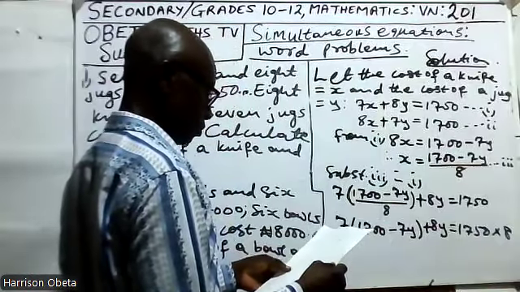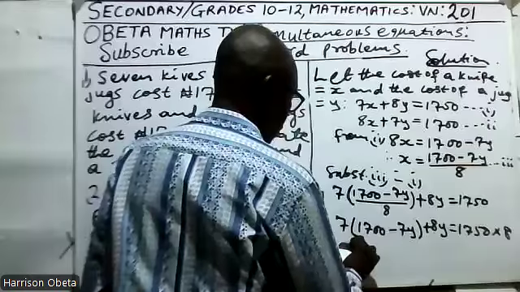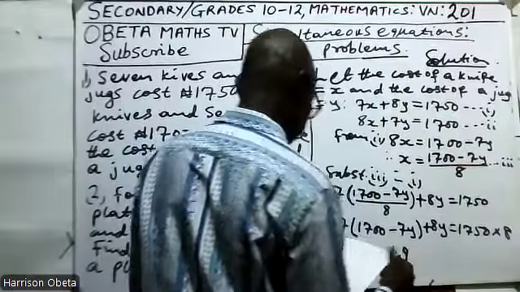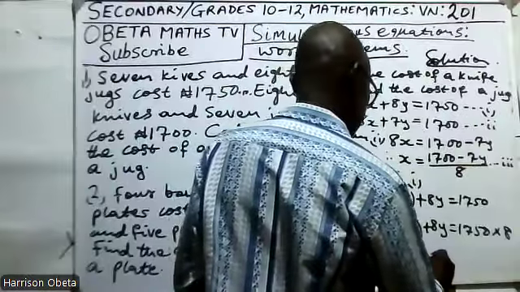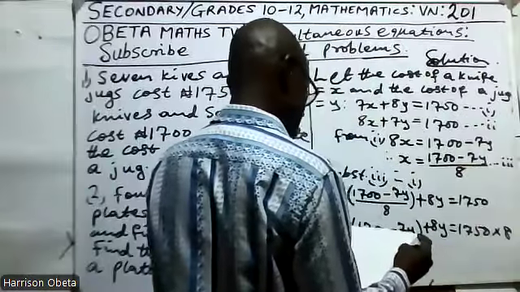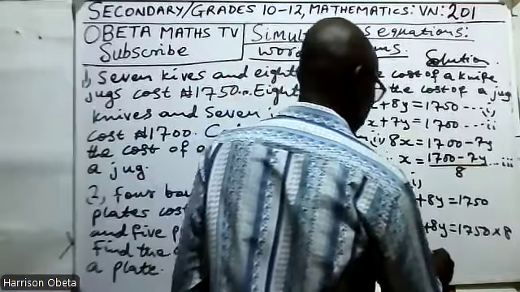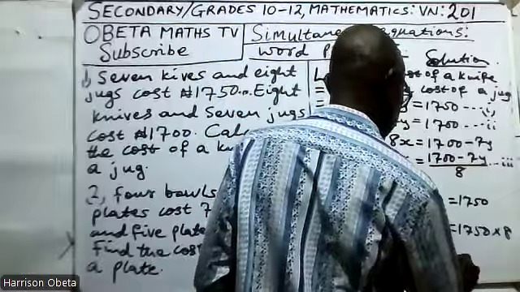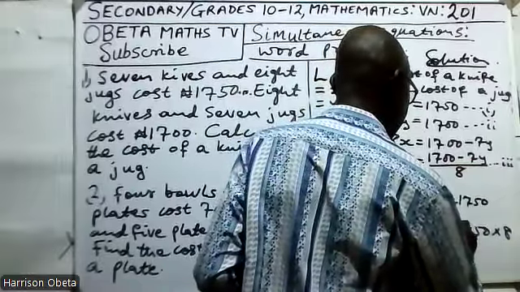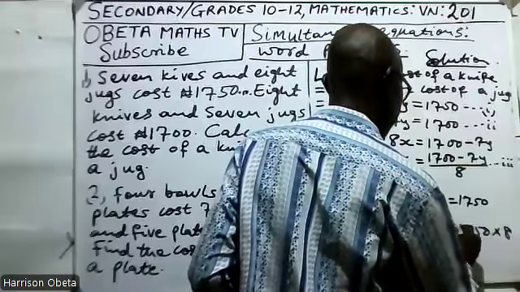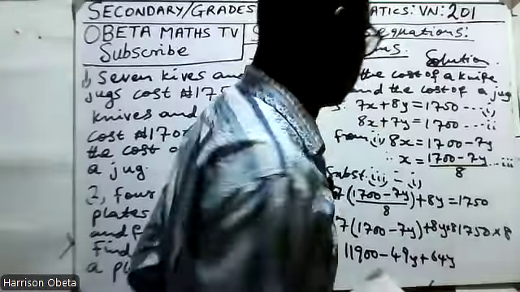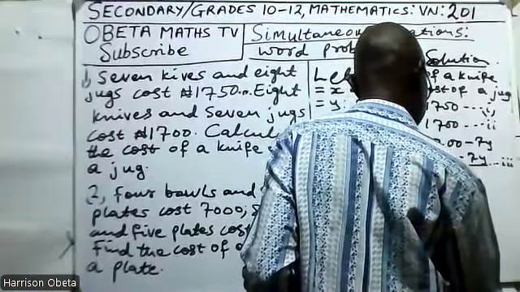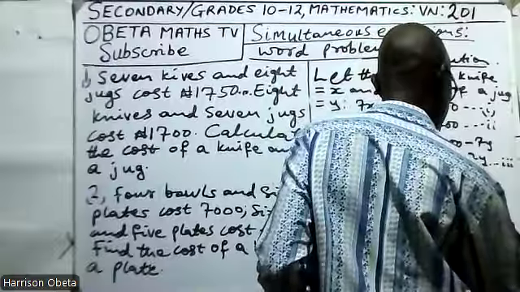Going further, we have 11900 minus 49y plus 64y, because we have to multiply everything by 8.